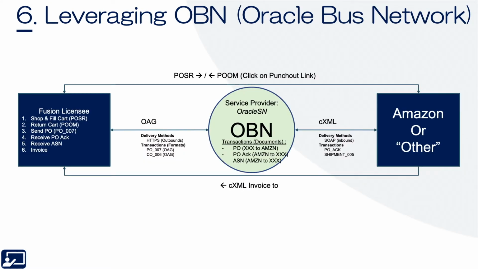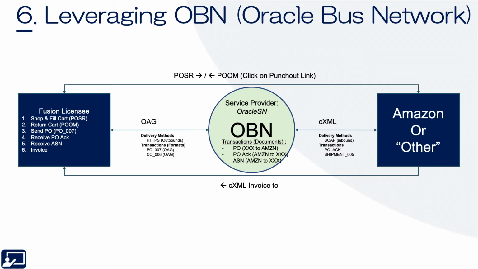Talk a little bit more here about leveraging OBN. Just a small example. Really what we're talking about is that inside of Fusion, a licensee can do some shopping. We don't advocate it, but you could connect to see content catalogs. We would connect directly. It's just one less point of failure. But you can take the cart back, go to a PO, and use OBN to send it.